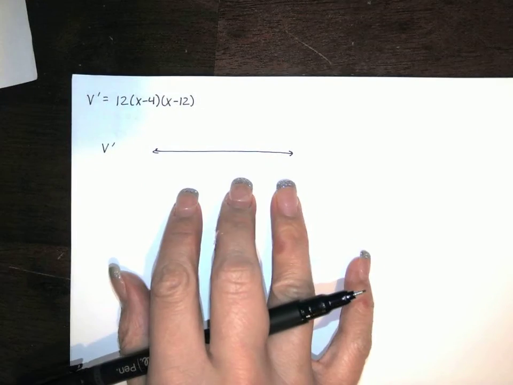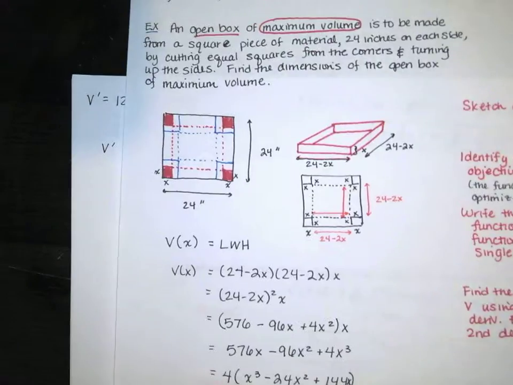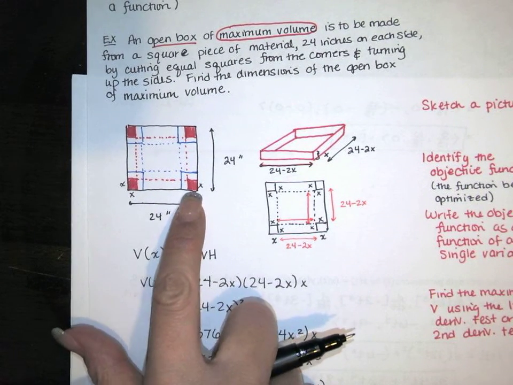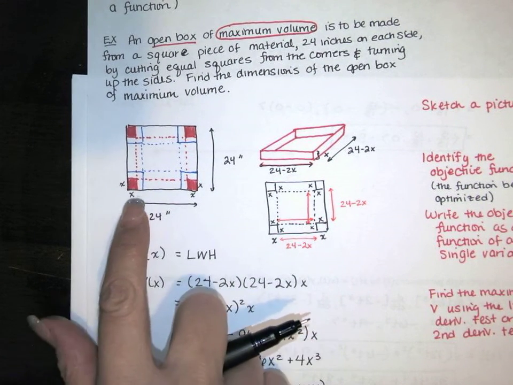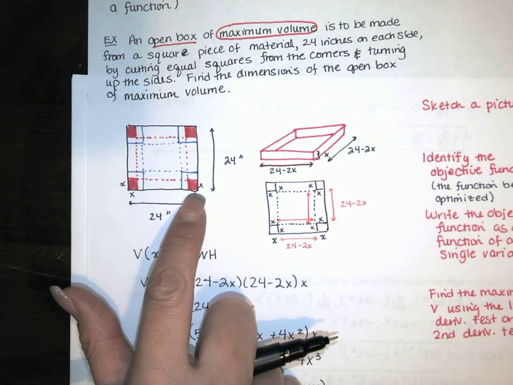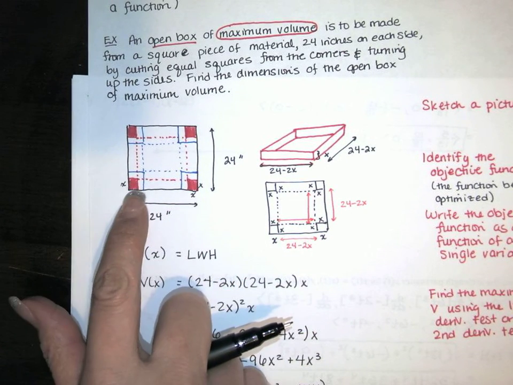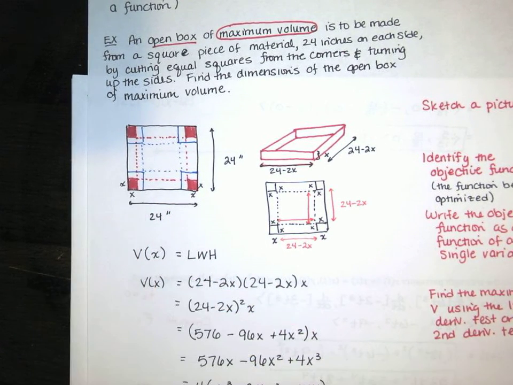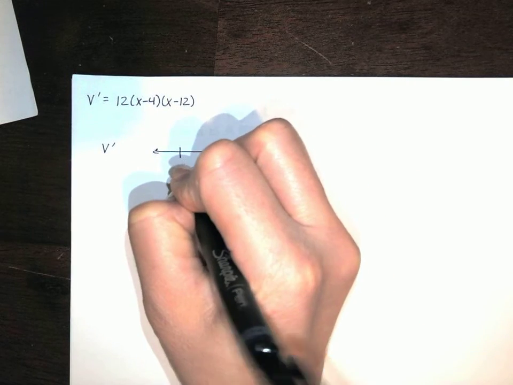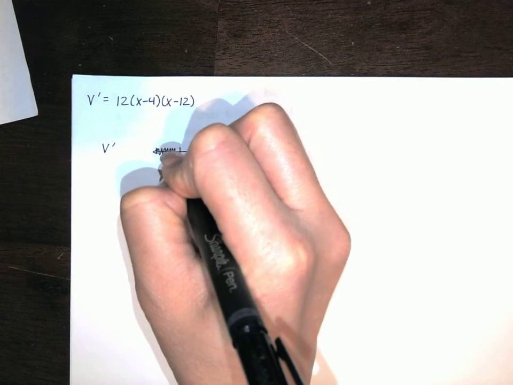But that actually doesn't make sense for our problem. Look at this piece of paper. x is a side length cut out of a piece of paper with a 24-inch side. So x, as being a side length, has to be positive. So x is going to have to be greater than 0. So I don't need any of those negative numbers.